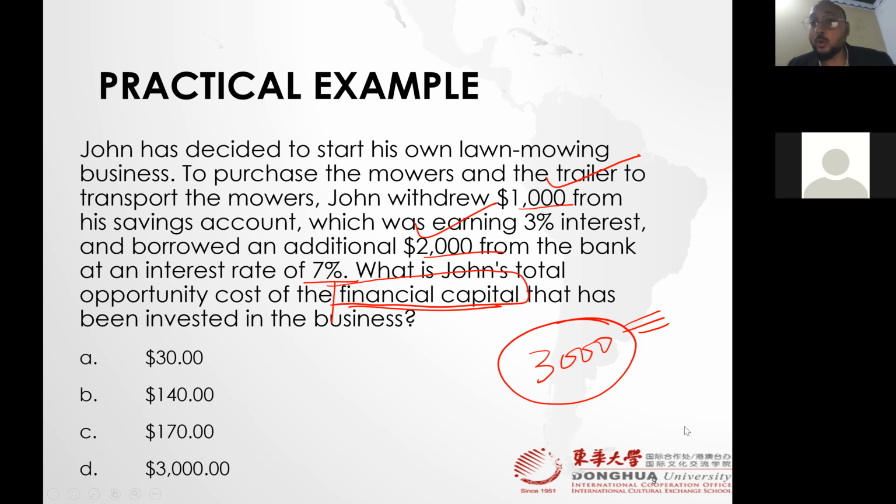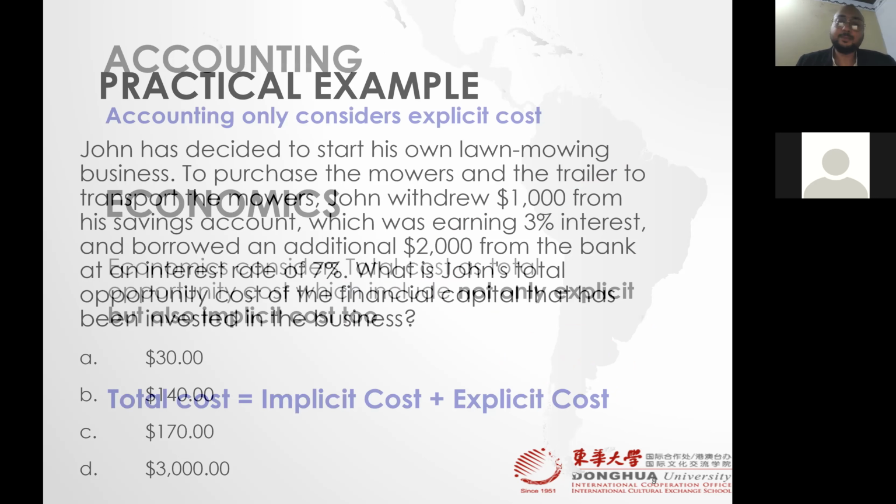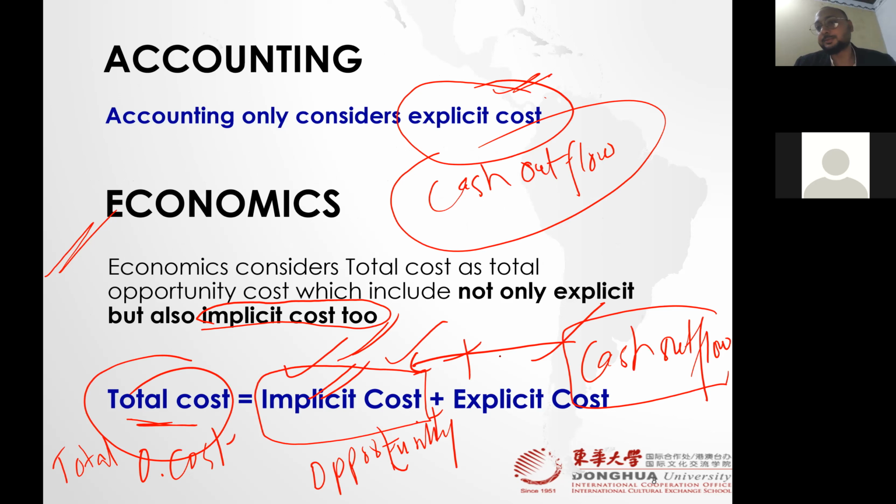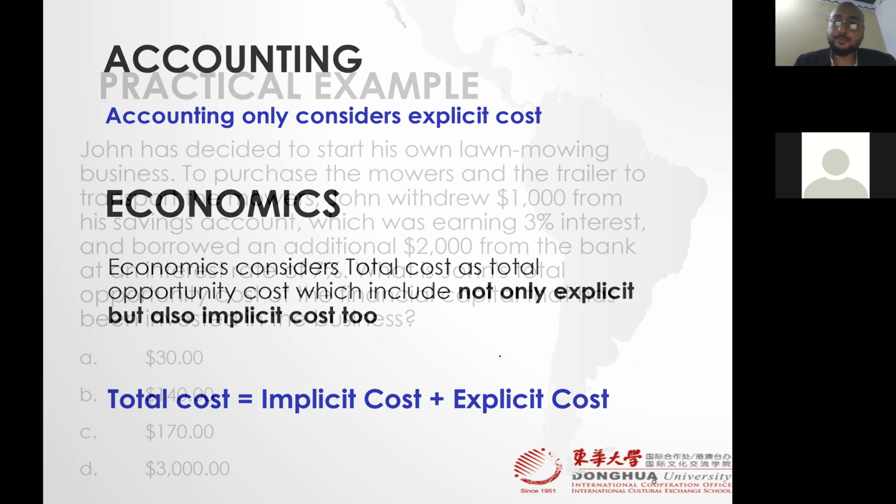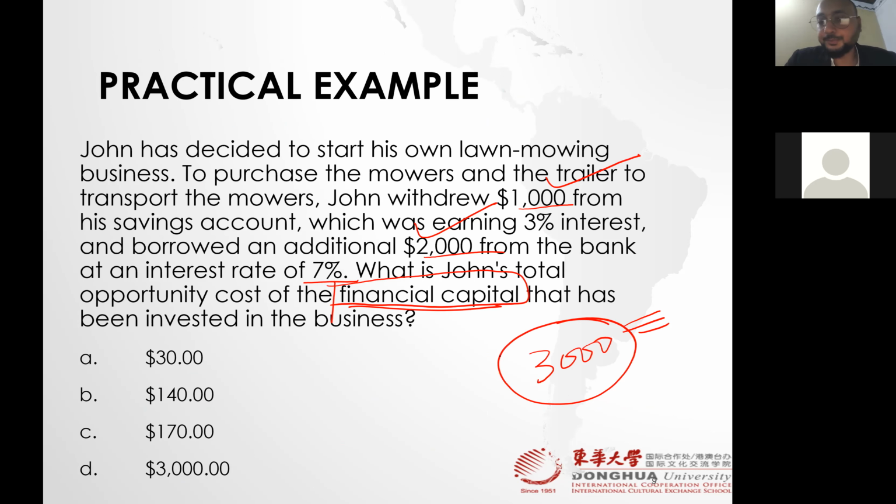We are talking about total opportunity cost. We just discussed that there is a difference between opportunity cost and total opportunity cost. The question says total opportunity cost. Total opportunity cost is equal to implicit plus explicit. What is that?